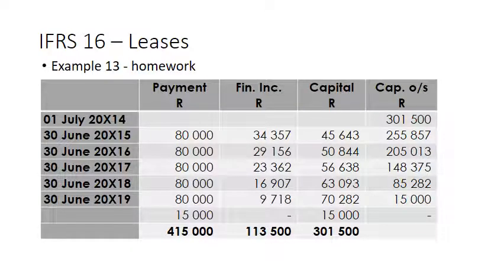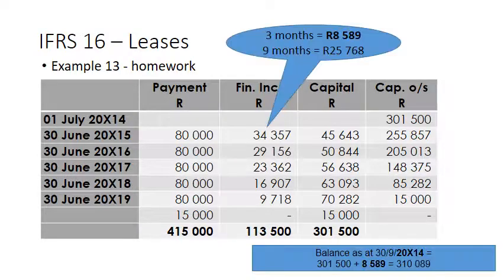This is the amortization table from example 13. If we want to calculate the closing balance of the net investment in the lease as at 30 September 2014, our starting point will be the amount at initial recognition of 301,500. So that's also the starting point of the amortization table. And to that we add the 3 months of the first interest component of the first lease installment.